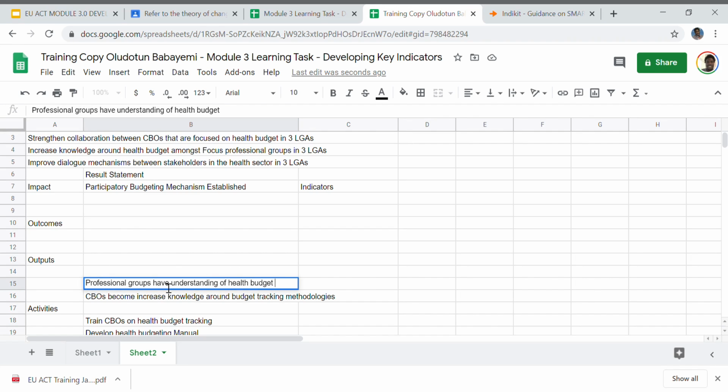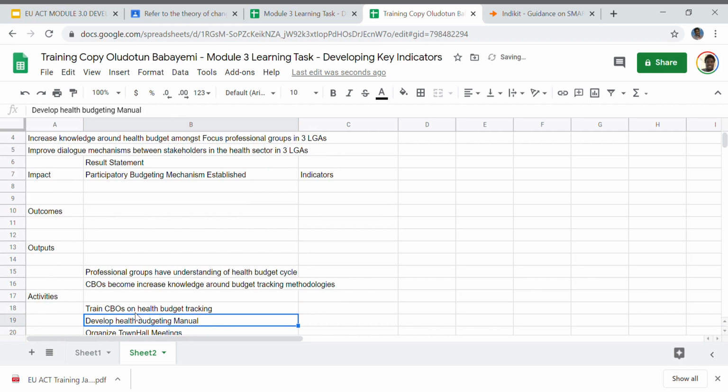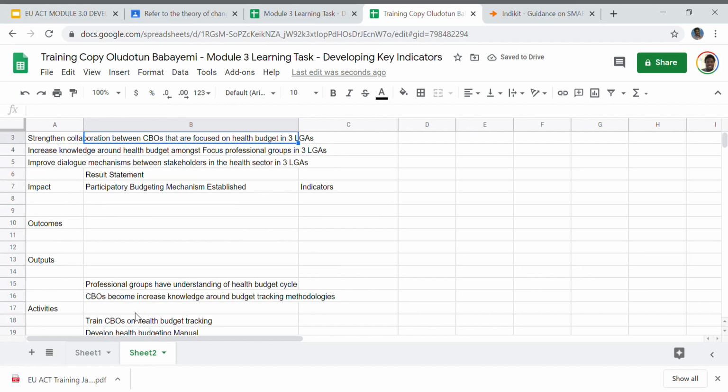Health budget cycle. Right. Let's look at the third one. Town hall meetings to foster dialogue mechanisms, right?